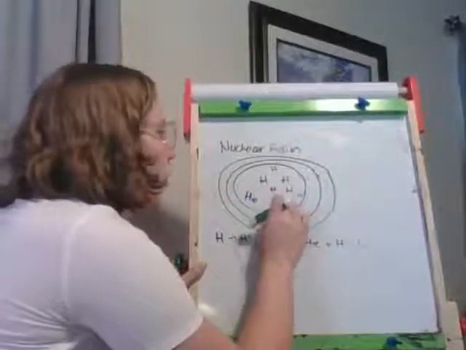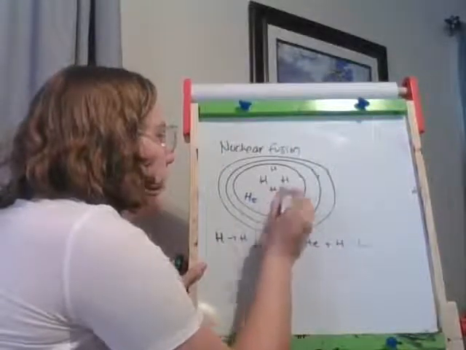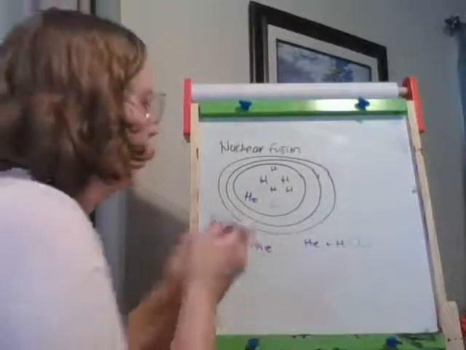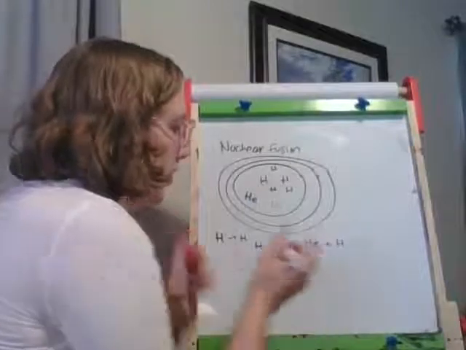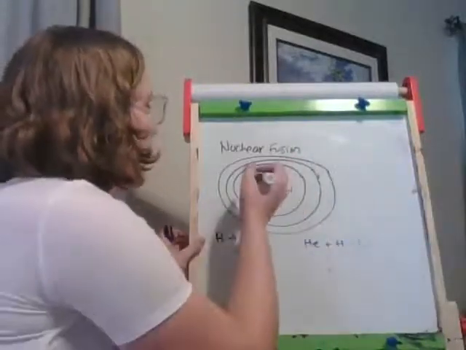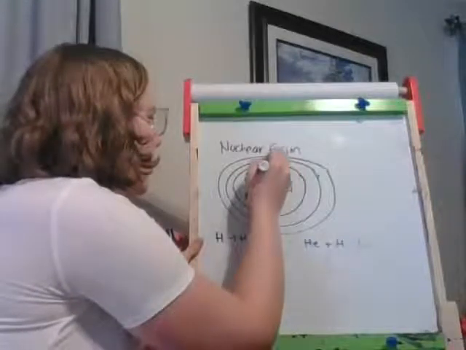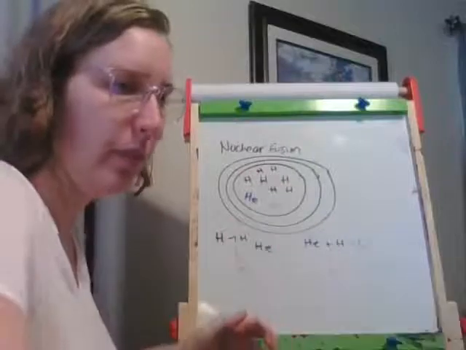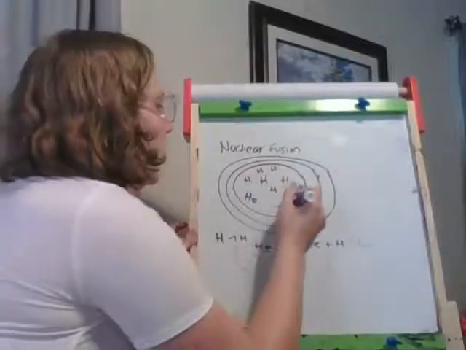So then I'm going to take out a hydrogen, and it's going to give off energy again. Energy is lost. And then I'm going to just add some hydrogen here, and add helium because I don't want to erase my helium.